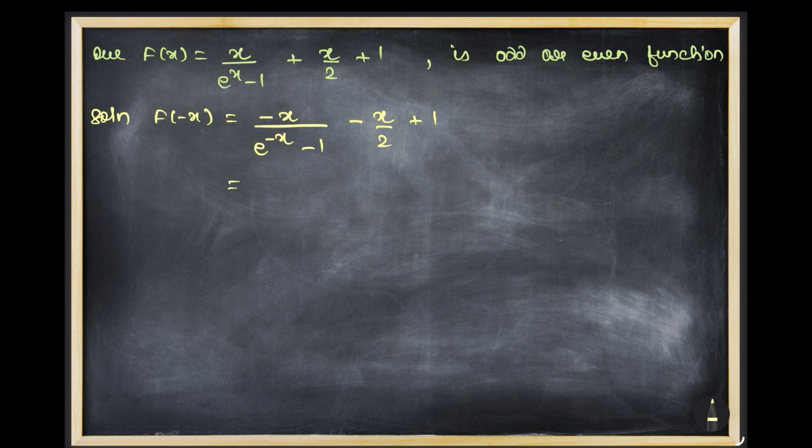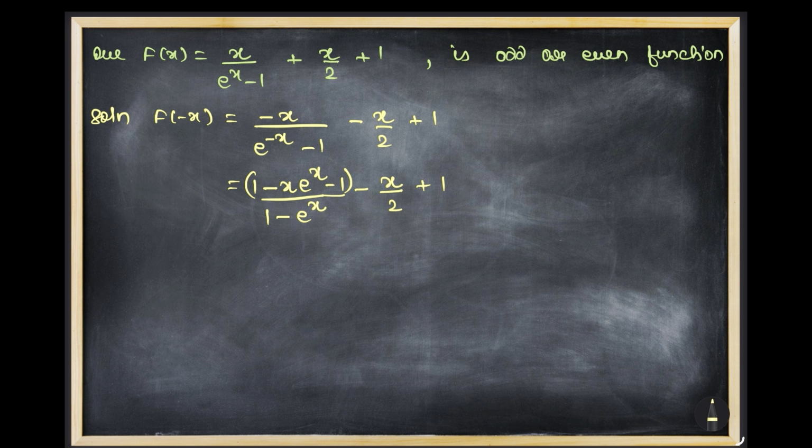So it will look like minus x e power x upon 1 minus e power x, minus x by 2 plus 1. Now, I cannot afford to have e power x on the numerator. Correct? So what I will do, I will add 1 and I will subtract 1 from the numerator.